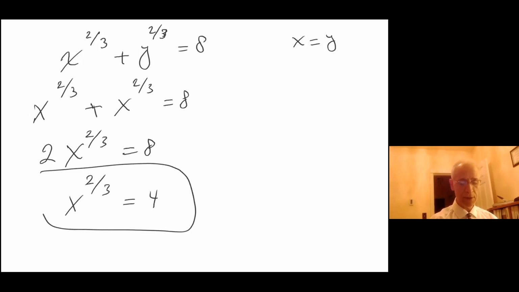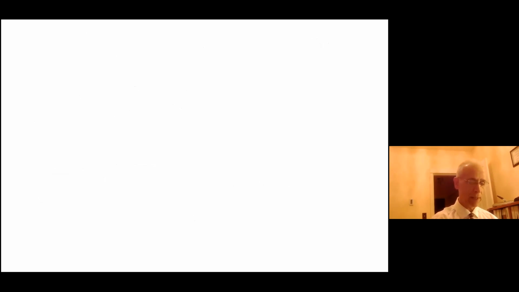Now I want to solve for x. Let me go to the next page and say x to the 2/3 equals 4. Now, here you might be tempted to say that, okay, I'm going to go ahead and take both sides to the power of 3/2.